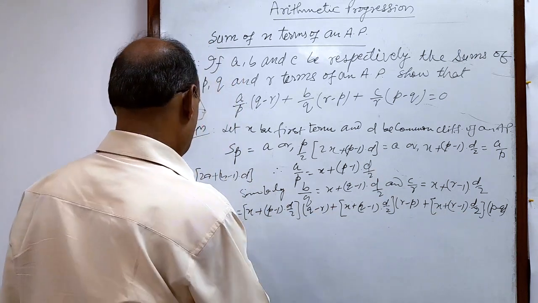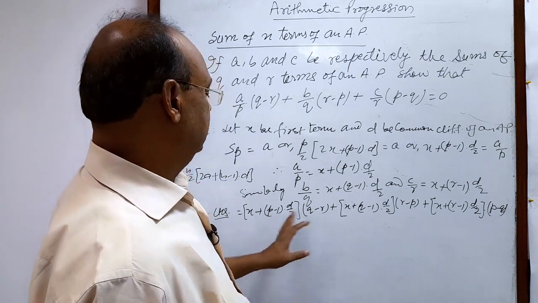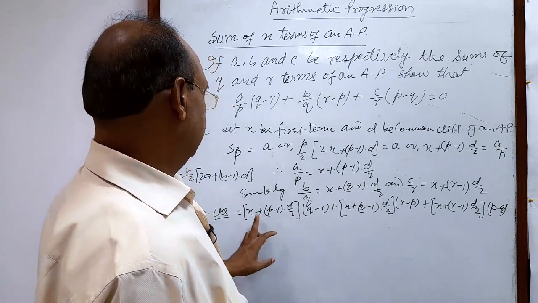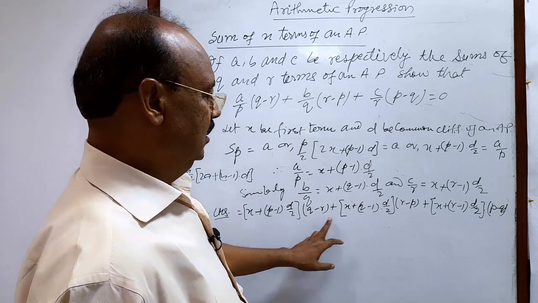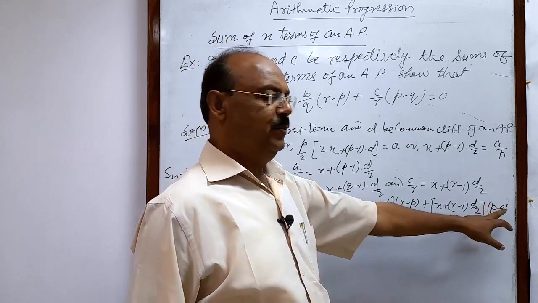Now, by multiplying these two factors, we are getting x into (q minus r). Here we will get x into (r minus p). Here we will get x into (p minus q).